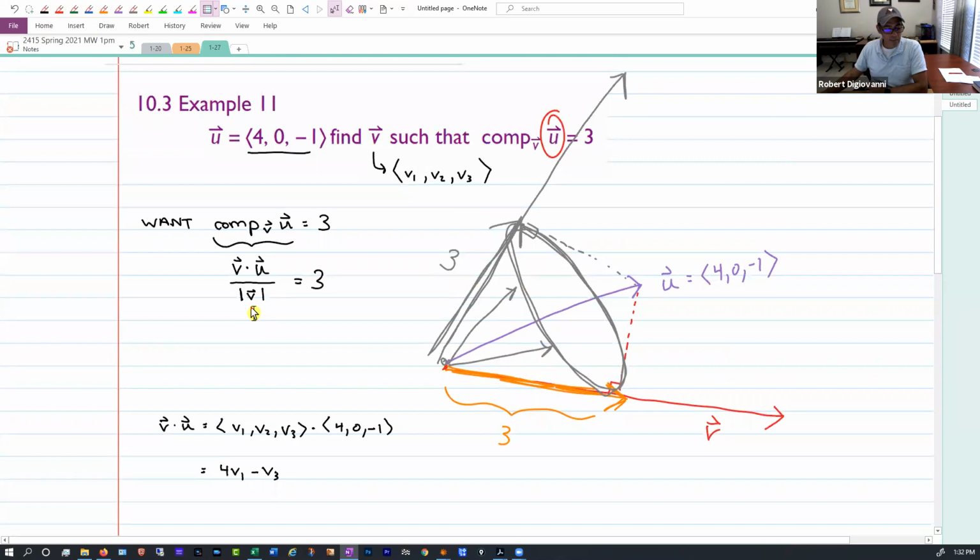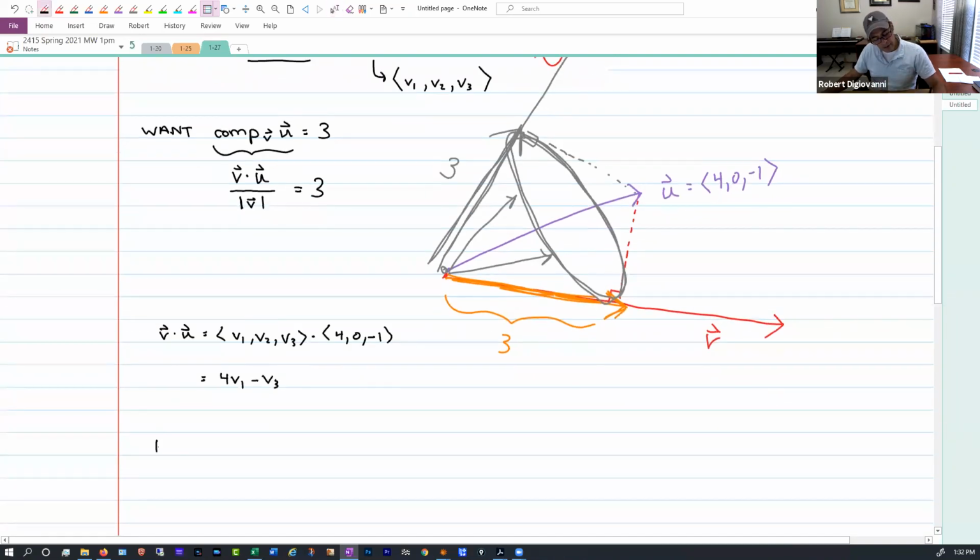Okay, now we also need the magnitude of v. The magnitude of v, well, unfortunately, we don't know what v is, so this is just the square root of v1 squared plus v2 squared plus v3 squared, right? So let's go back up here to our formula and let's fill in the pieces that we found.